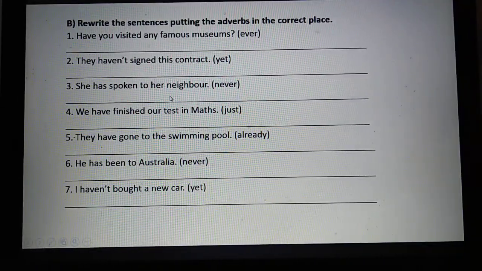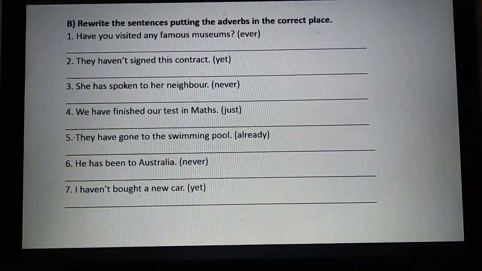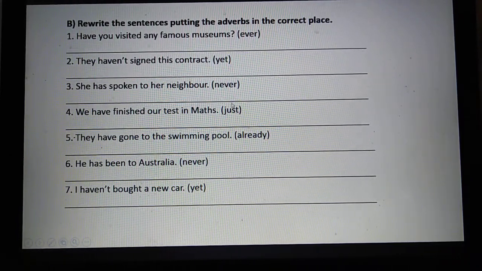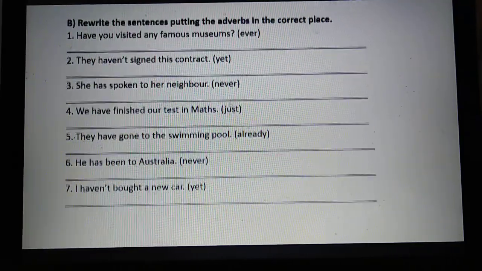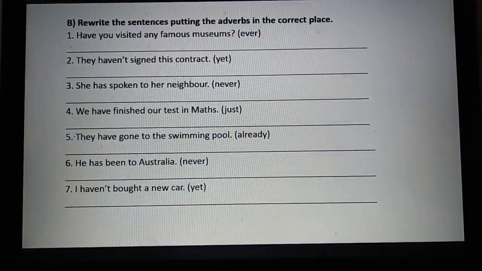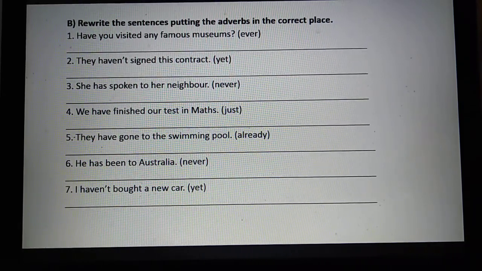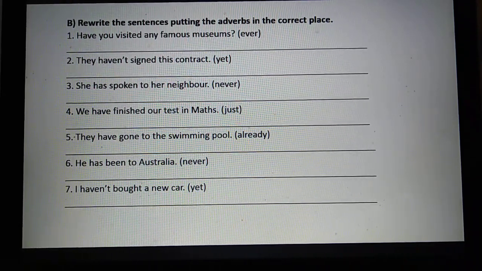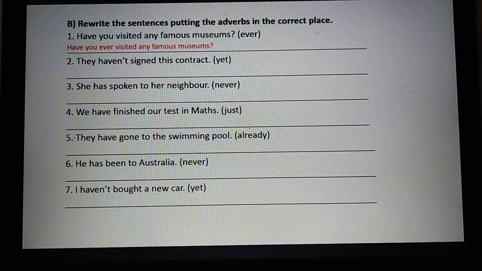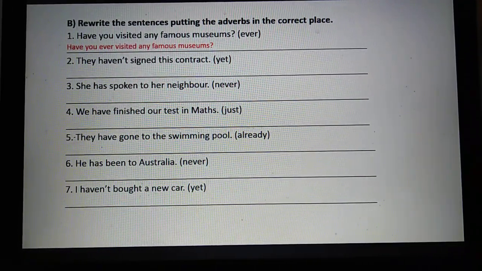Now let's have a look at these sentences. So rewrite the sentences putting the adverbs, which are ever, yet, never, just, already, never, and yet, in the correct place. Okay, nice.